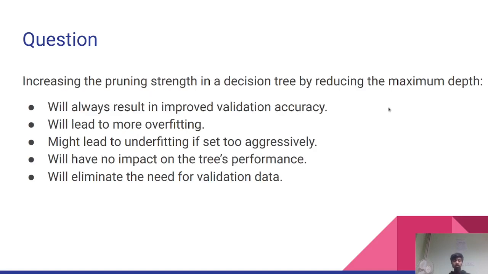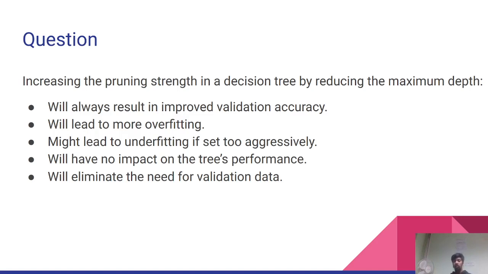So in this question, you are pruning a tree, and suppose the pruning is high, so you are increasing the pruning and reducing the maximum depth. Suppose initially the depth was 20, and you are reducing it to maybe 11 or 12.